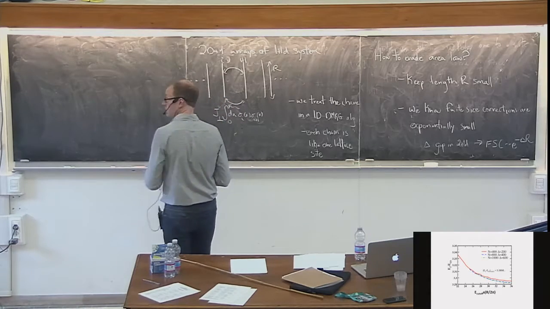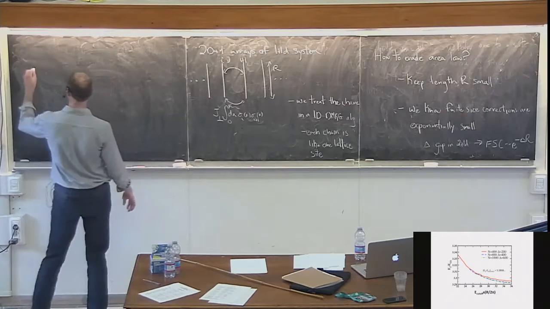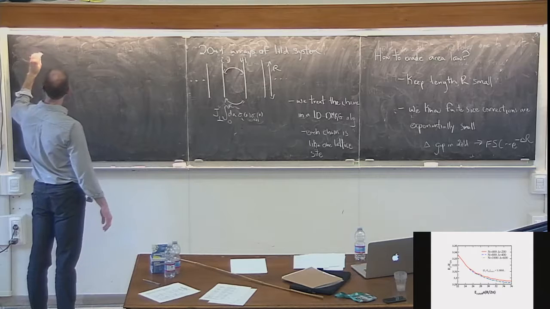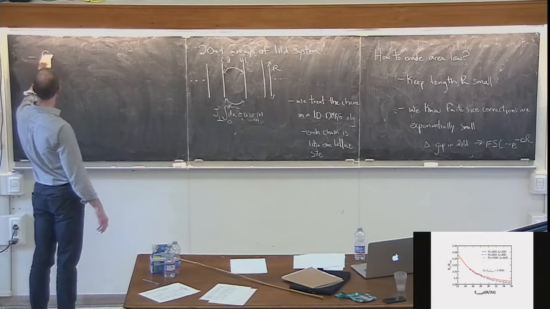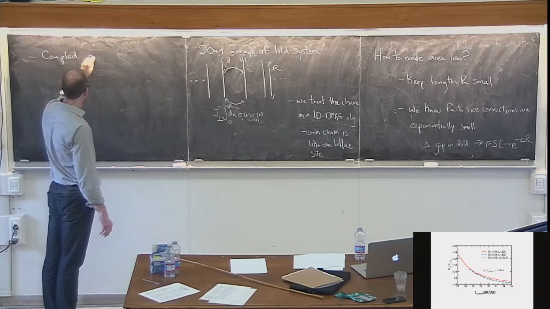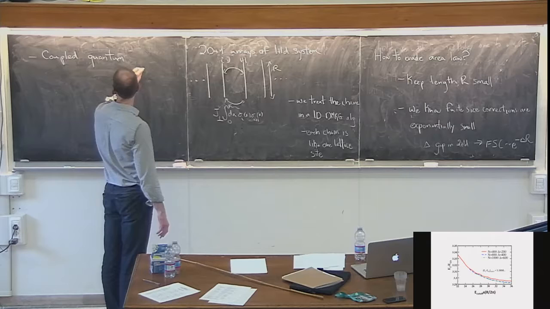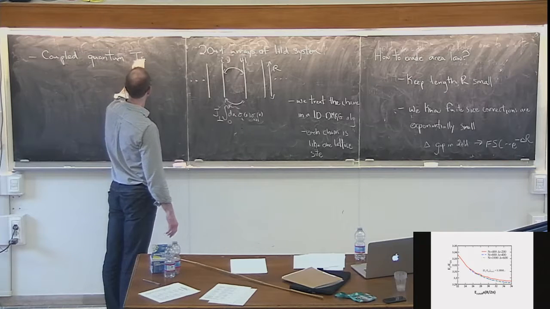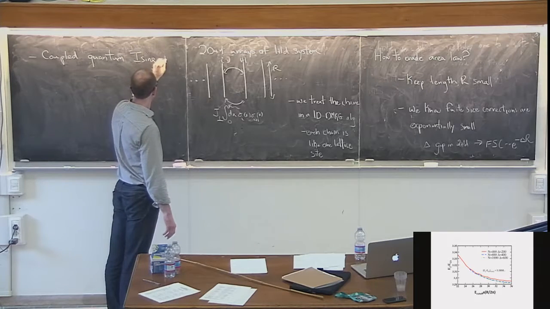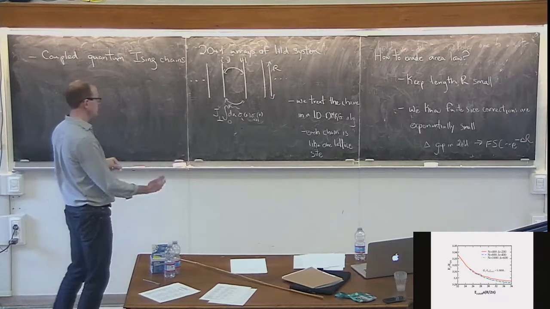So for the implementation of our coupled quantum Ising chains, we keep R small.